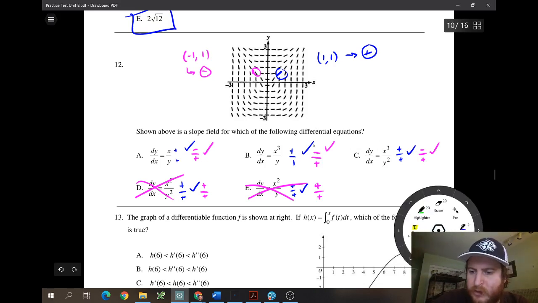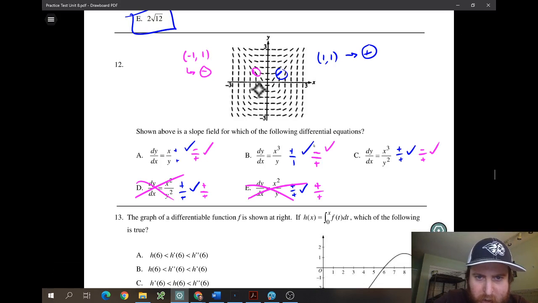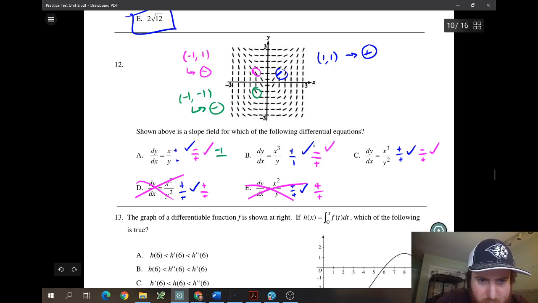Okay, let's move on now down to the third quadrant at -1, -1. When they're both negative, we want a negative value here. So -1 over -1 is positive, and we wanted a negative, so we're going to cross out A. -1 cubed is negative over -1 is positive.